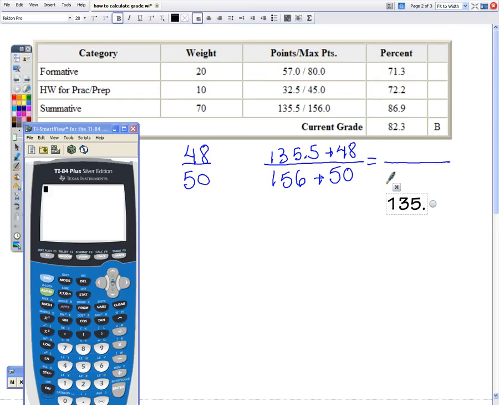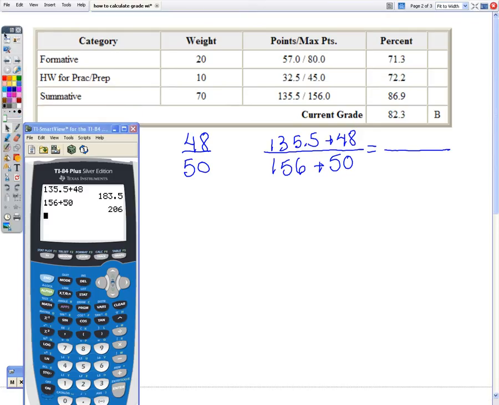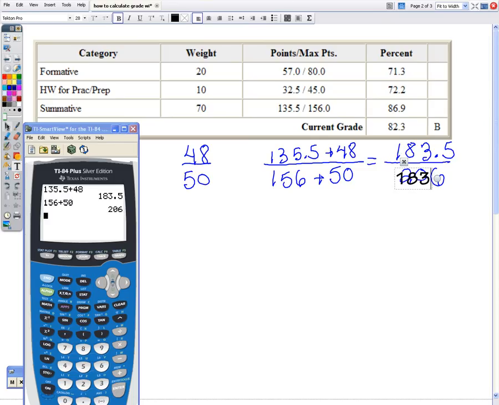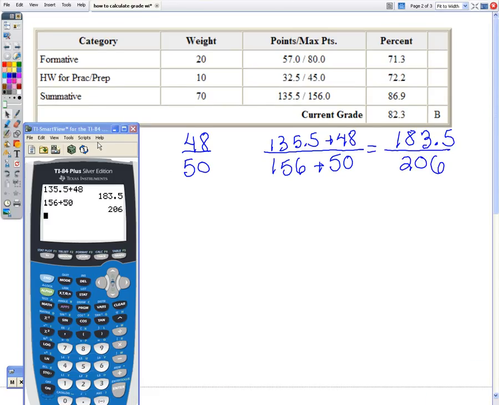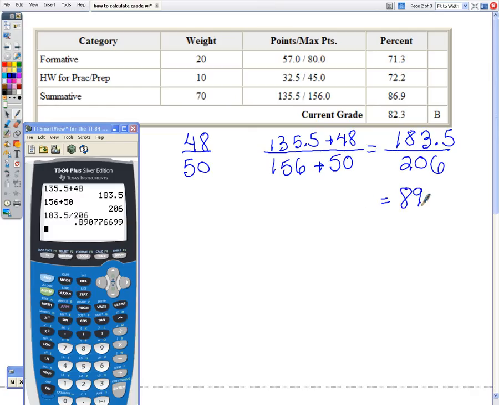So if we add those up, the new category average can be found by dividing these two numbers. And that is now an 89.1%.